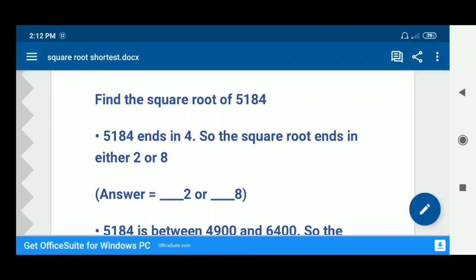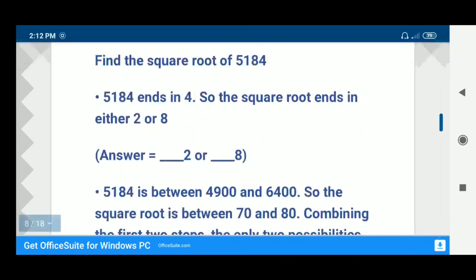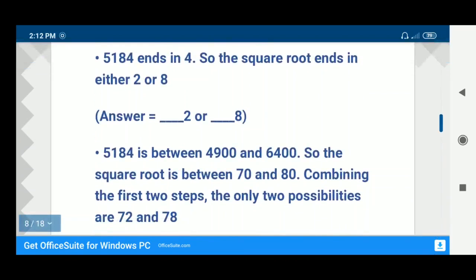Let's find the square root of the number 5184. 5184 ends in 4, so the square root ends in either 2 or 8. 5184 is between 4900 and 6400, so the square root is between 70 and 80.